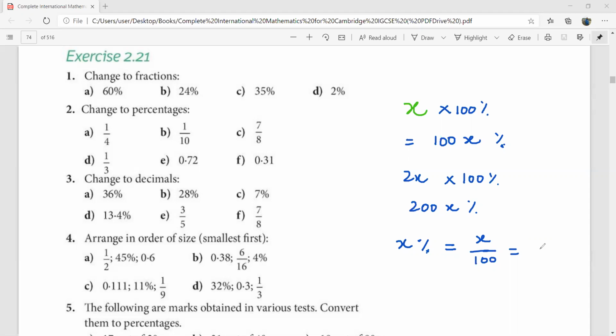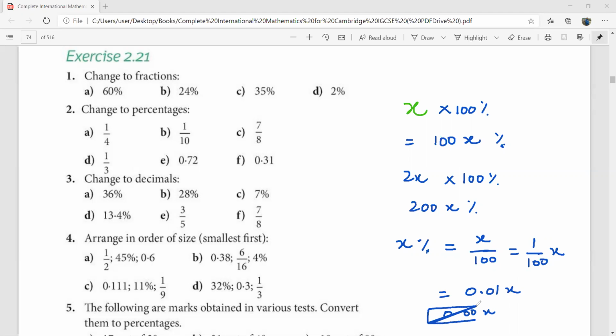0.00x. So that is a common mistake here. You should assume that this is basically 1 over 100 times x. So this is 0.01x. Please remember, many students write this as 0.00x. But 0.00x is basically 0.